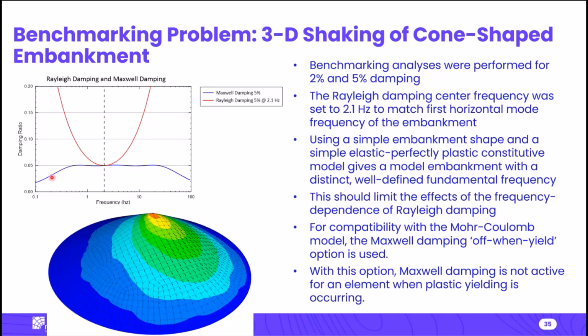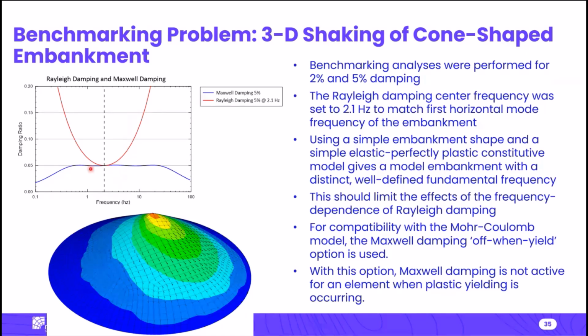So here are our 2 damping curves. With Maxwell damping, we've got this broad range of nearly constant damping, and then damping drops off. With Rayleigh damping, we're setting it at this 2.1 hertz frequency, which is the frequency of the embankment.